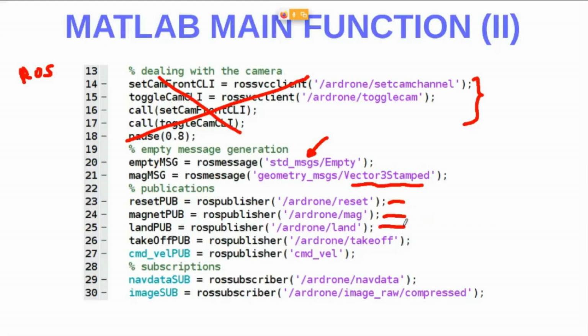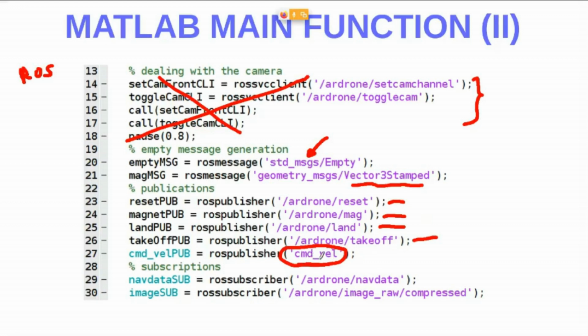This is in order to make the drone land. This to take off. And this is to tell the drone all the set points for the velocities. So it will be the angle set points in order to make the speeds of the drone change. So that's the aim of this publisher at the end.